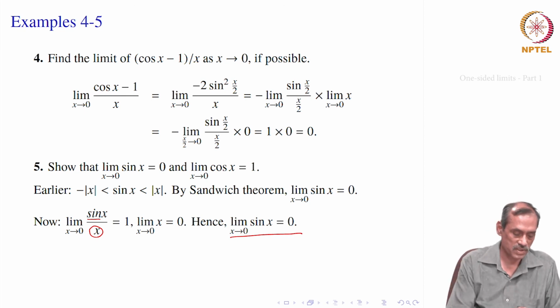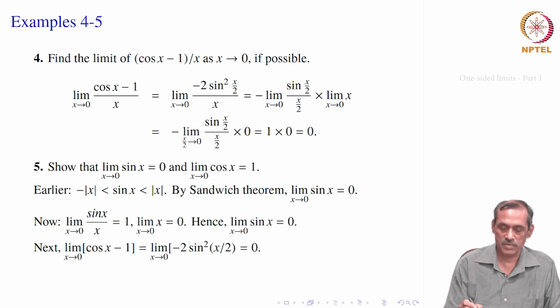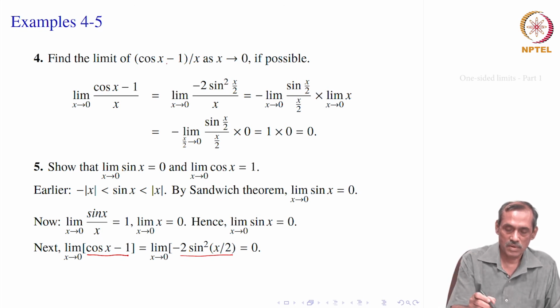Similarly, for cos x, earlier we had a different way of doing cos x minus 1, or 1 minus cos x, we could bound it from the left and right. But now we can use sin x by x, which says cos x minus 1 is minus 2 sin square x by 2. So, that goes to 0, as you see from the earlier one. Also, you can use the fourth one.